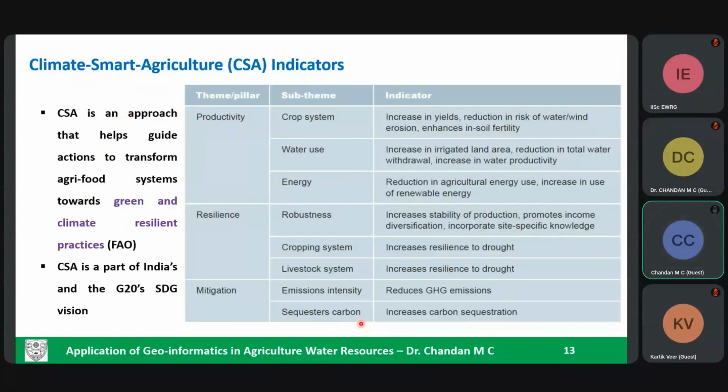Now, at the global level, we are talking about climate smart agriculture, that is CSA, as I indicated. CSA is just an approach to help and guide the actions to transform the agriculture food system and market towards green and resilient practices, which has been demonstrated by the Food and Agricultural Organization and also the UN, which also encapsulates the core idea of SDG, that is Sustainable Development Goals.